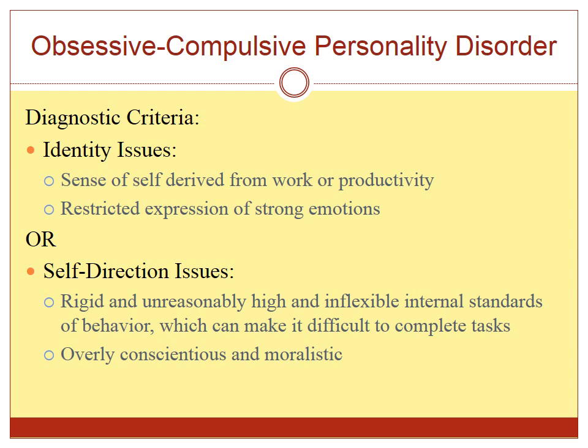In other words, nothing is ever good enough. Everything has to be perfect. They can be overly conscientious and moralistic. So everyone is a sinner except for them. So there's any number of issues that can be defined because this particular individual wants to control everything based on their standards.